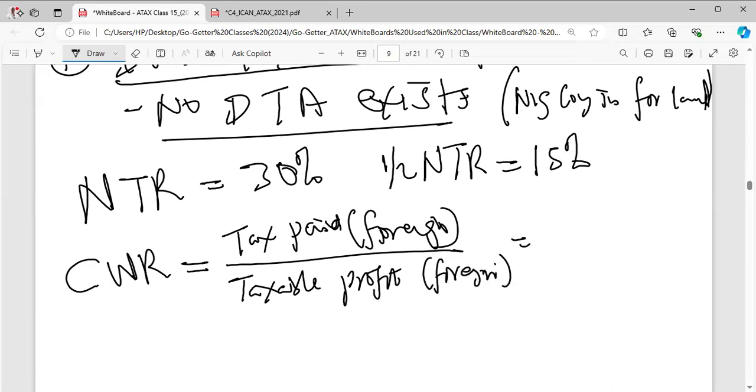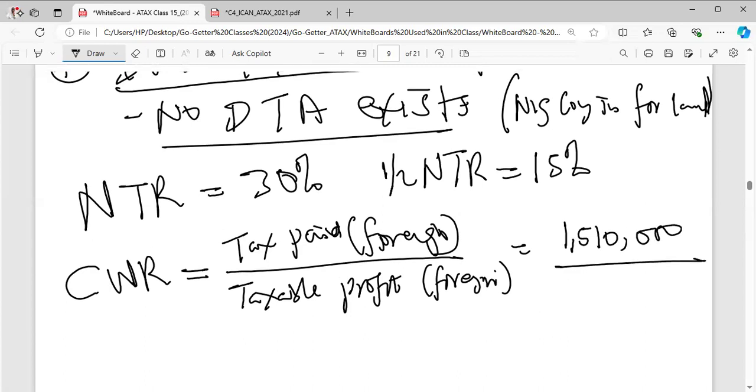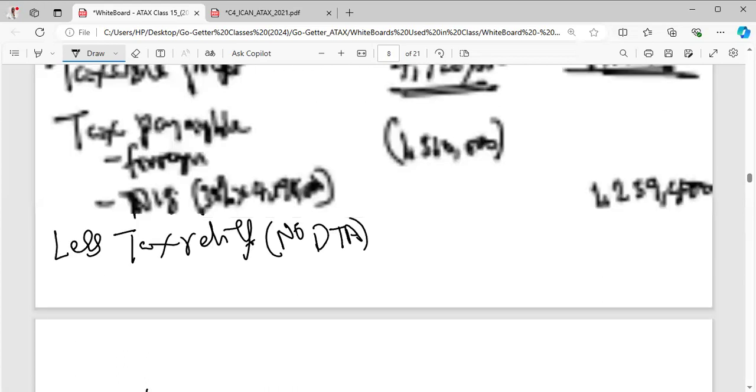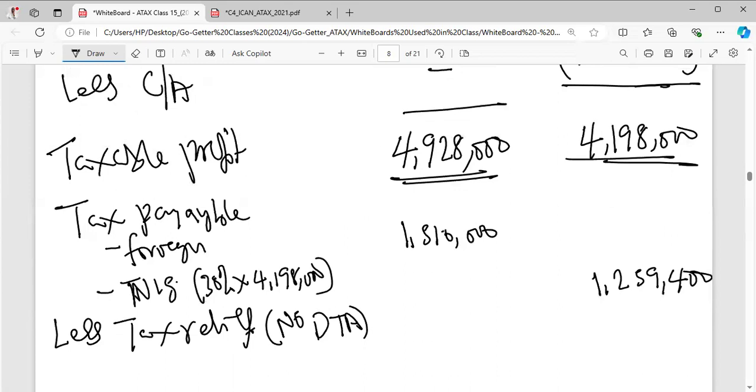What is your tax paid? You paid 1,510,000 and your taxable profit is 4,928.